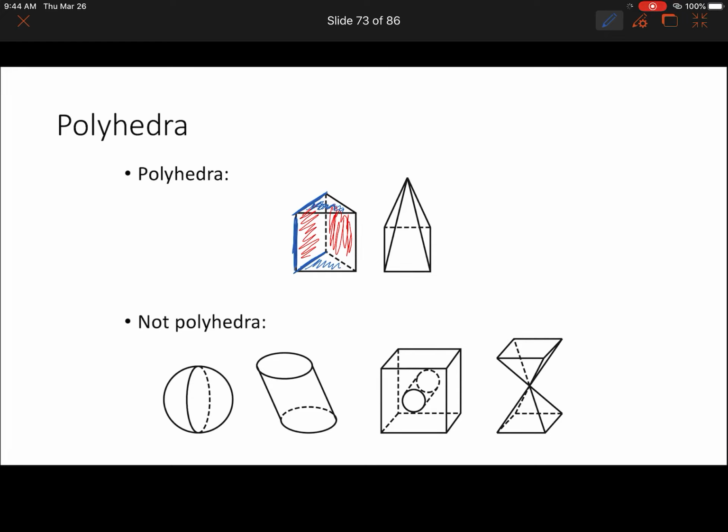So you can see all of these sides would be considered edges. And then where all these meet at these points, I just put a few in here, those are what we call the vertices. You have one in the back, and so on.